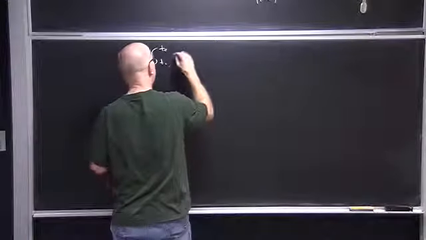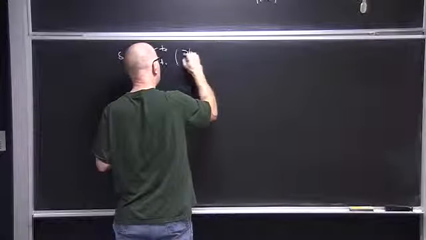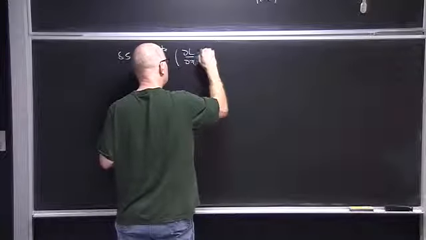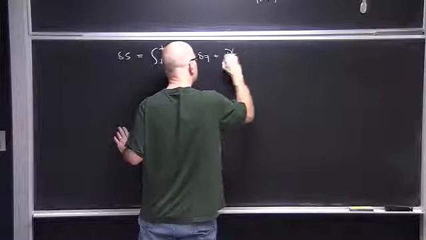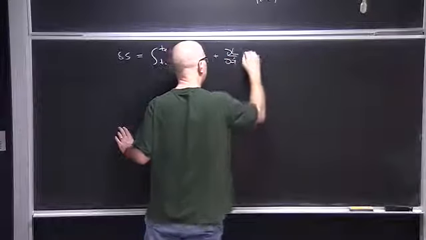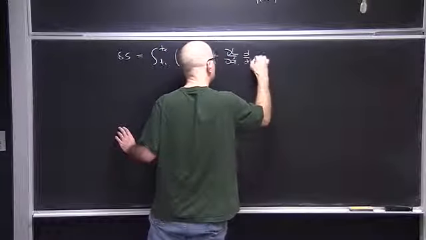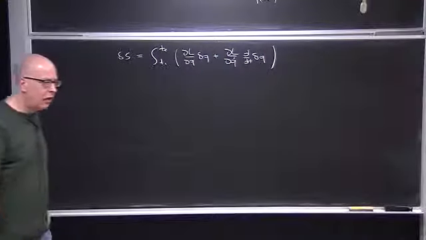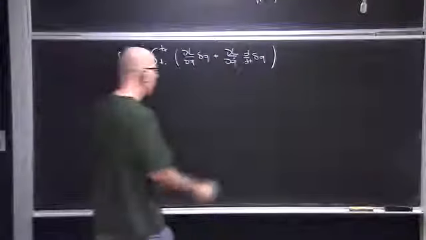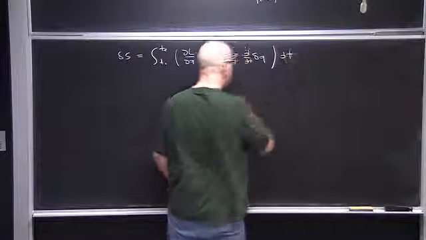By varying the Lagrangian, that means that you take a partial derivative with respect to q multiplied by the variation in q. And then you take a derivative with respect to q dot, and you take the variation in q dot, which is the same thing as the derivative of the variation delta q. And all of this you integrate over time.